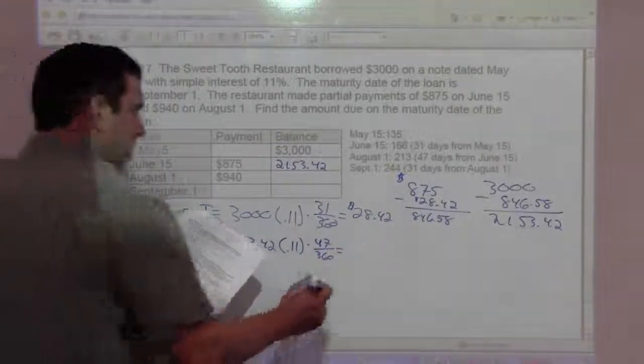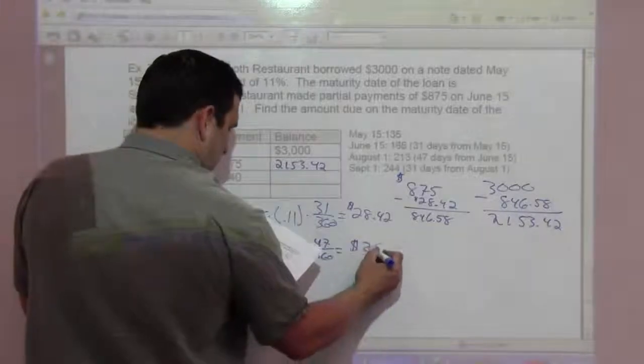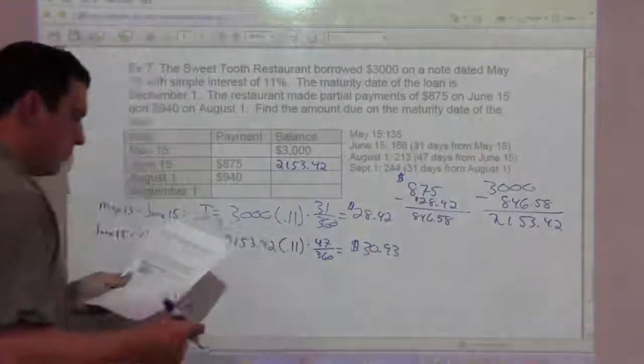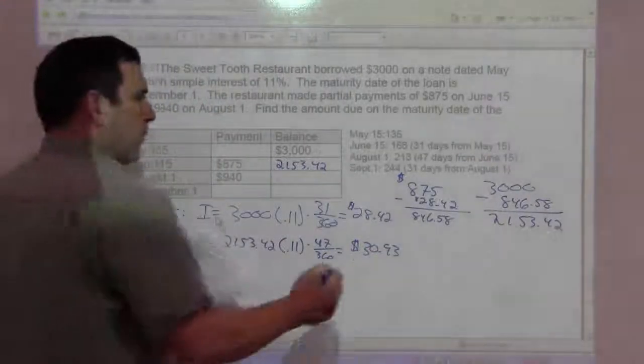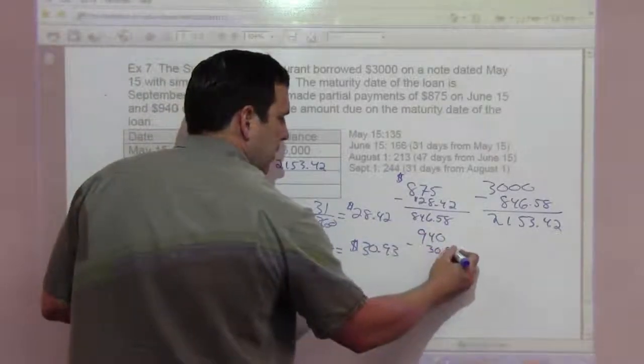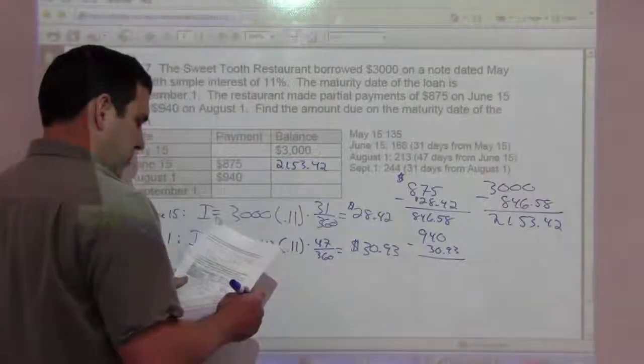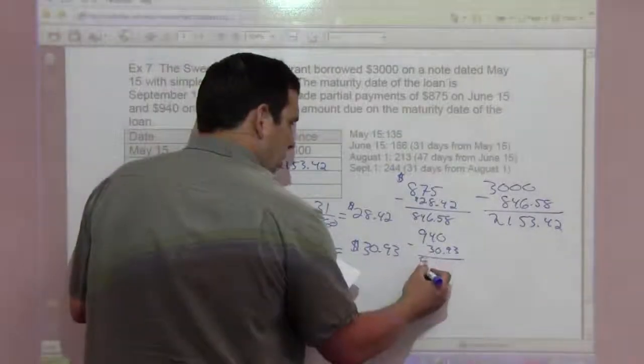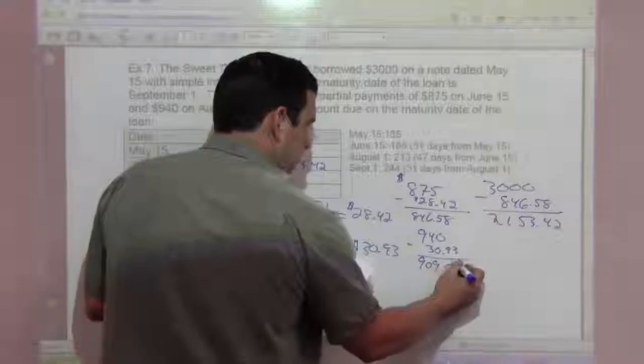That gives us an interest amount of $30.93. So from the payment of $940, we subtract $30.93. We get $909.07.